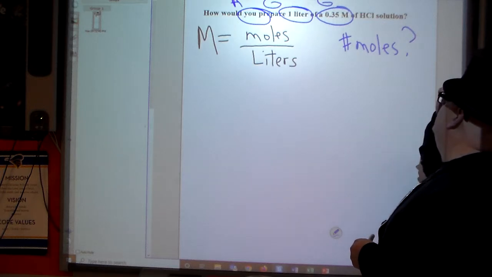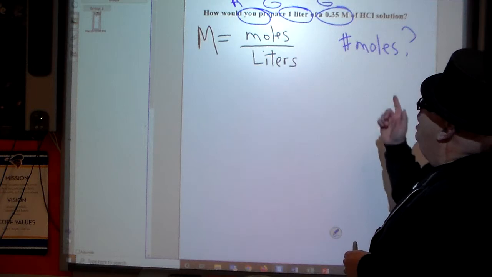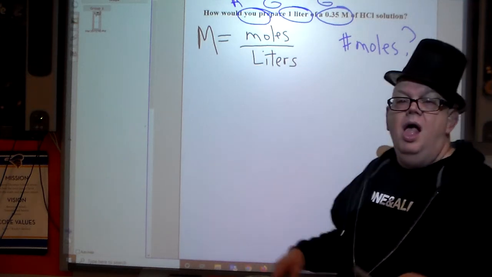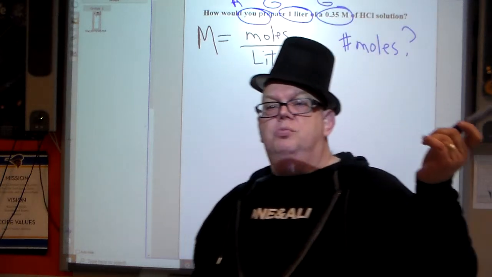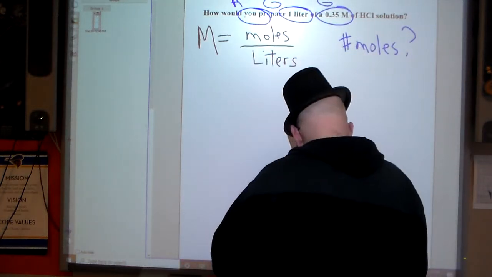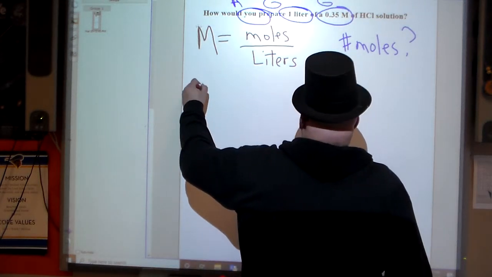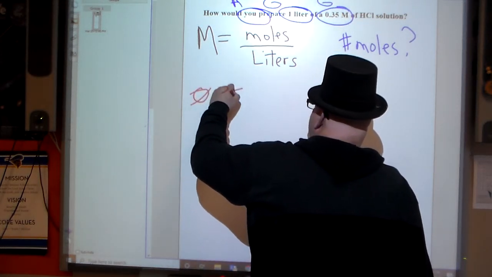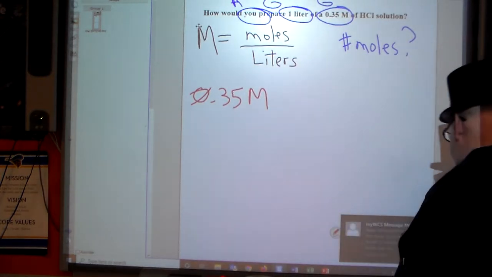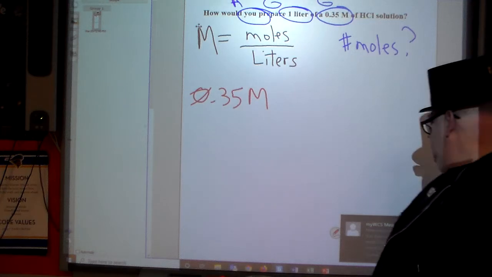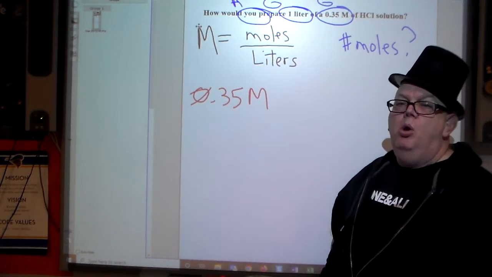So let's go and look at this. I can tell you right now, I got this formula here. I can go ahead and plug in the numbers into the formula and use the algebra to take care of that. Okay, let's see how that works. I have 0.35 molar. Now notice this is a capital M. That's for molar.